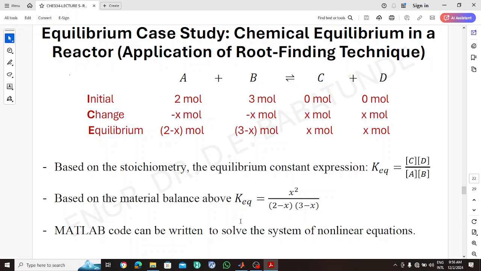This thing is not hard. I have told you, imagine that k equilibrium as k equilibrium over 1. Cross multiply, that will give you 1 times x squared on one side. And the other side we have k multiplied by 2 minus x inside the bracket, multiplied by 3 minus x. So what we are expanding there is your 2 minus x multiplied by 3 minus x. That's what you are expanding.